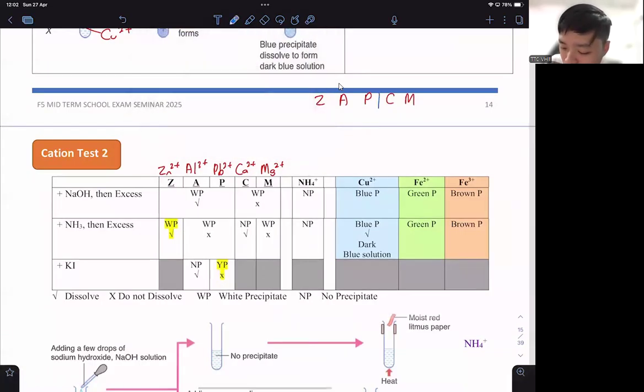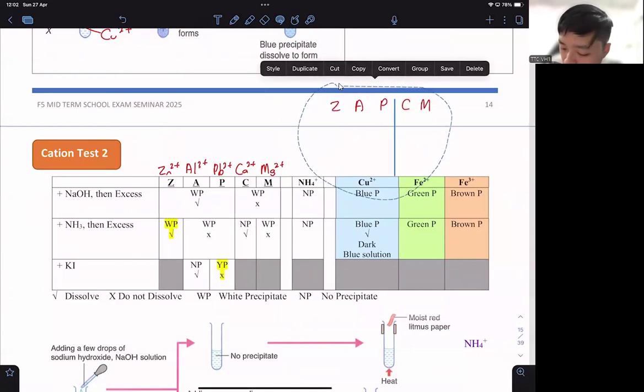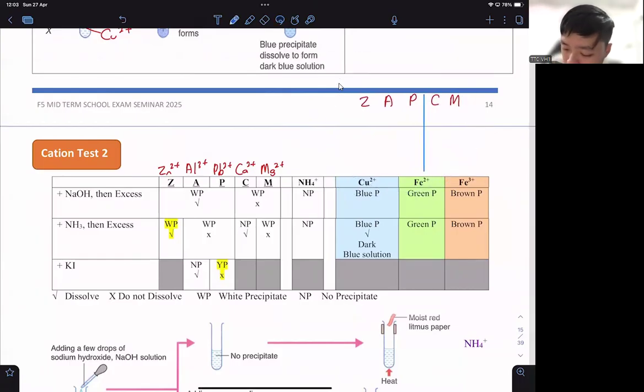Then you split up, and what do you do? The first one is to add NaOH, the second one you add NH3, and the third one you add KI. This is a shortcut.